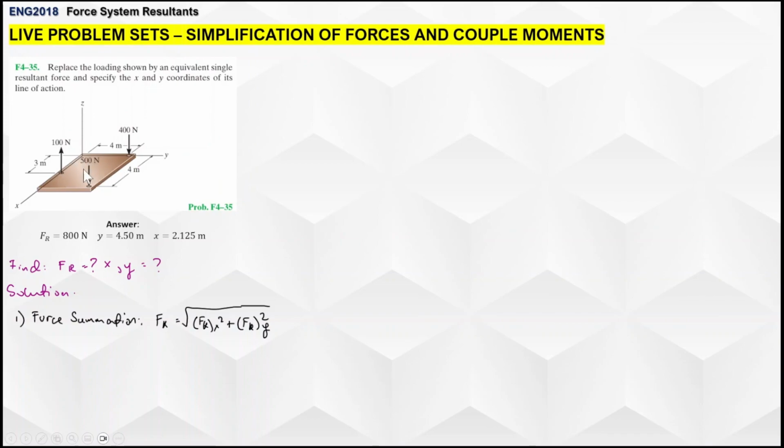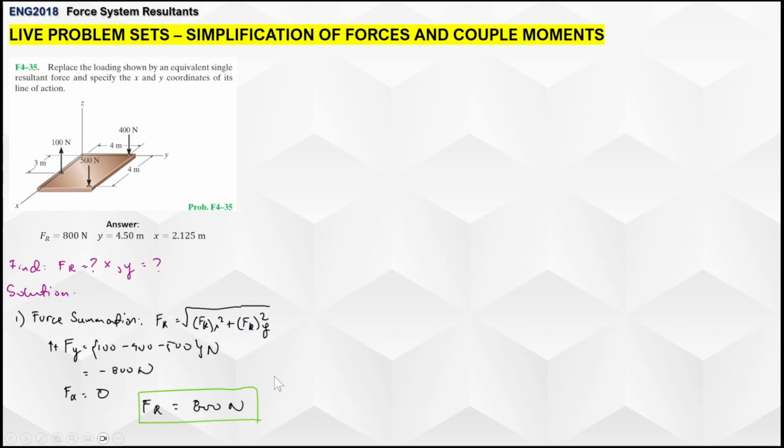So the summation of Fy, 100 minus 400 minus 500 newtons, will yield negative 800 newtons. FRX is 0. Substituting into the equation, negative 800 squared plus 0 squared, square root of that, will be 800 newtons.